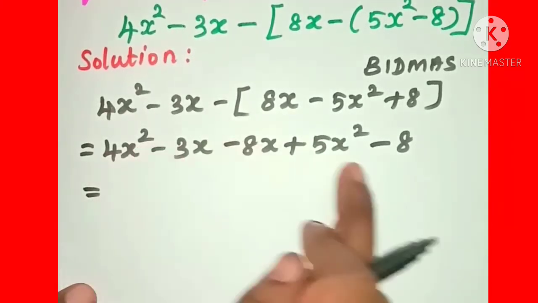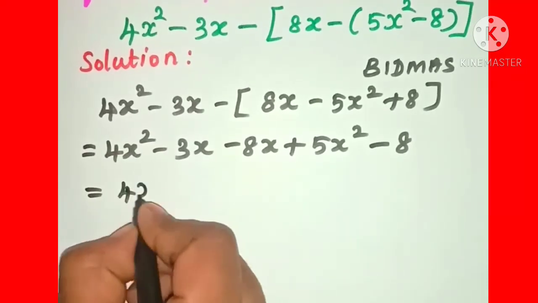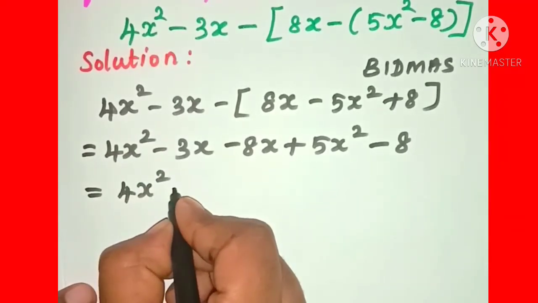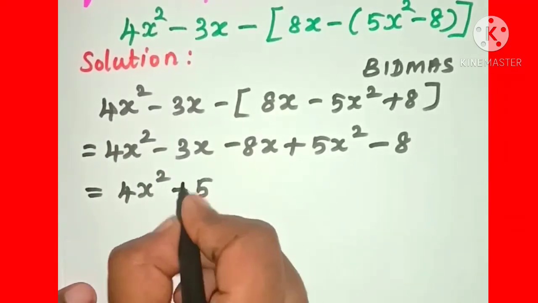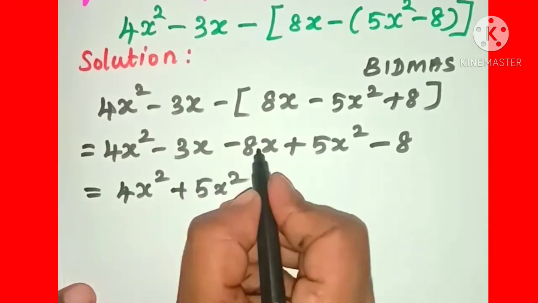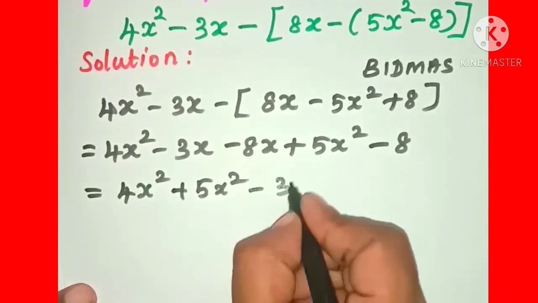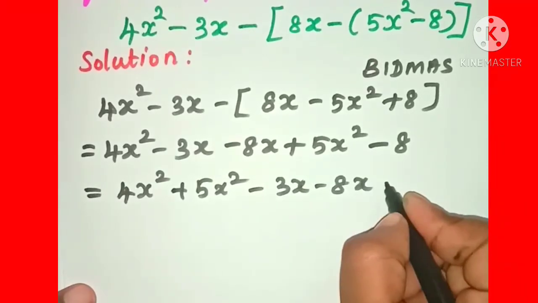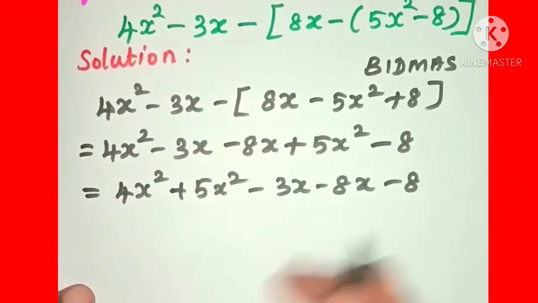So now rearrange the like terms alone in an expression. So 4x square, 5x square. So first group the like terms in x square and then in x, minus 3x minus 8x, and finally the constant term here is minus 8.